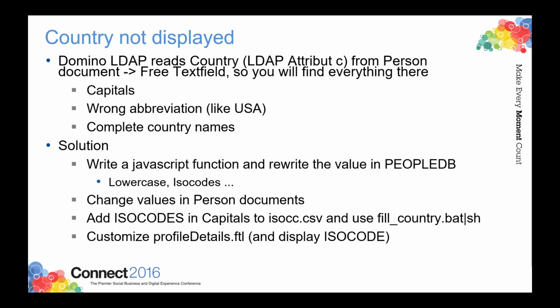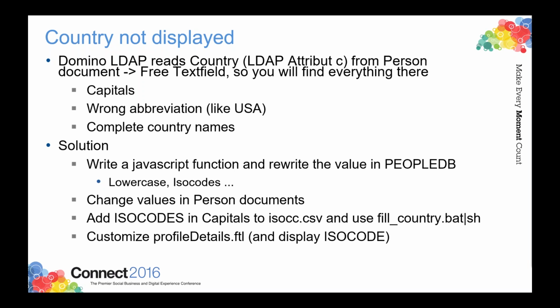And when you put complete country names in, it will not work too. As a solution, you can write a JavaScript function and say, okay, always when USA is stored in my country field, please write US in small characters to the country table, or provide a list or something else. You can change the values in person documents through an agent or something else.